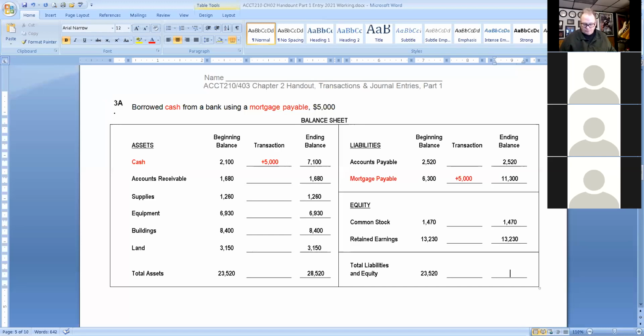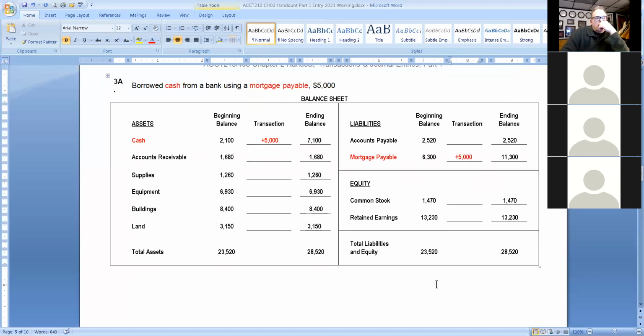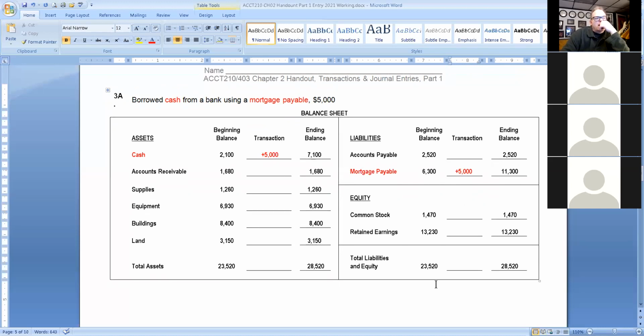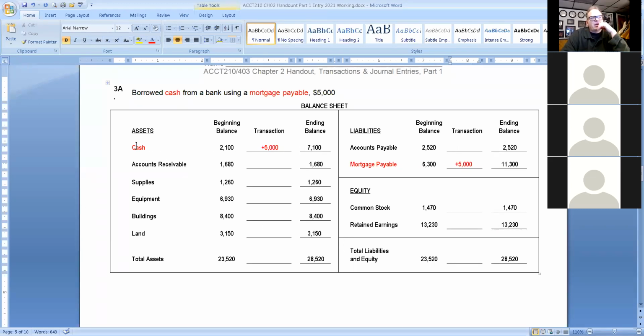Yep. And again, we'll talk more about this next week. But you can see the cash is going up. They borrow more money. They owe people more money now. But really, if you just want to record this transaction, you could just say cash plus 5,000, mortgage plus 5,000. I mean, that's really what happened. You wouldn't know the balances if you just wrote that down, but that would be actually what the transaction was.